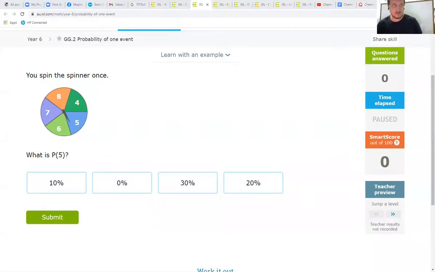Okay, so we have a spinner here with 5 chunks to it, equal in size. What's the probability that lands on the number 5? 20%, yep.